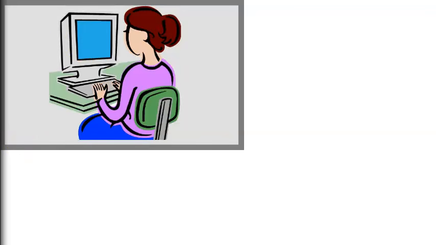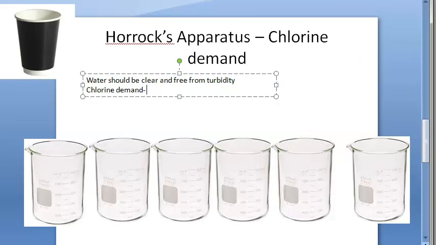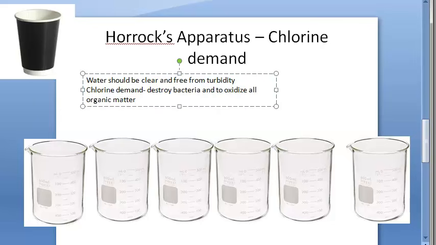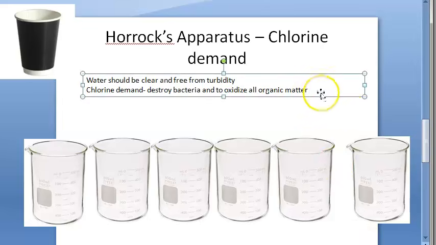In other words, what is chlorine demand? The amount of chlorine required to oxidize the bacteria, to destroy bacteria and to oxidize all organic matter. This is the layman's definition.